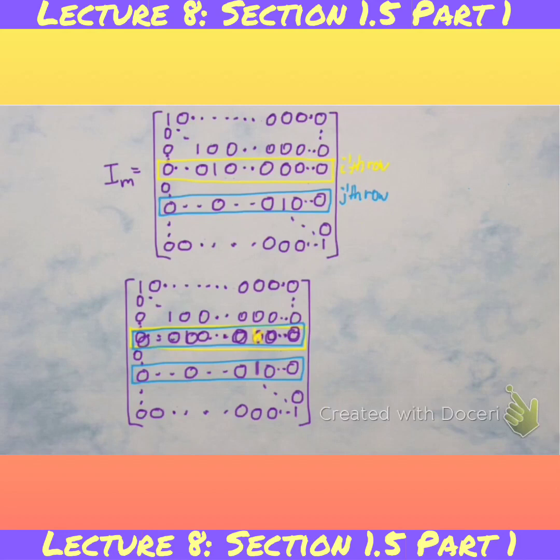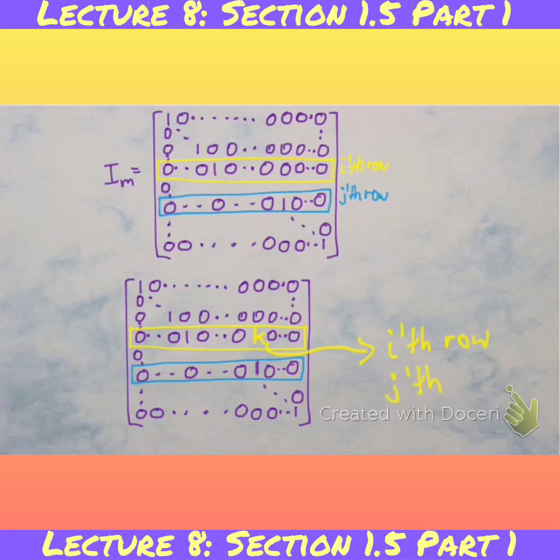Also note that the blue row has a 0 in the ith column, so adding that up is not going to affect the 1 in the ith column of the ith row. And again, take note that the entry k now lies in the ith row and the jth column.